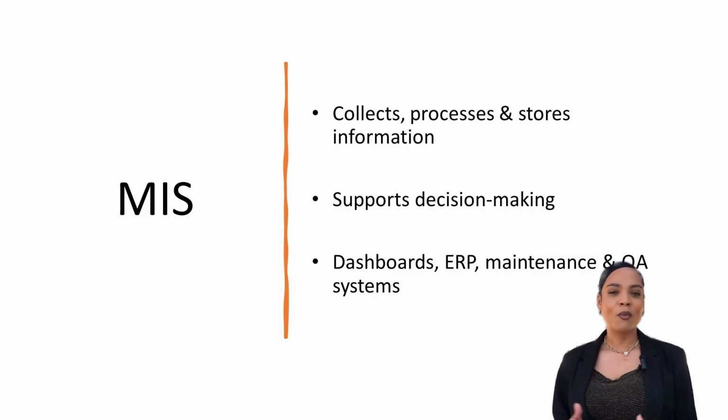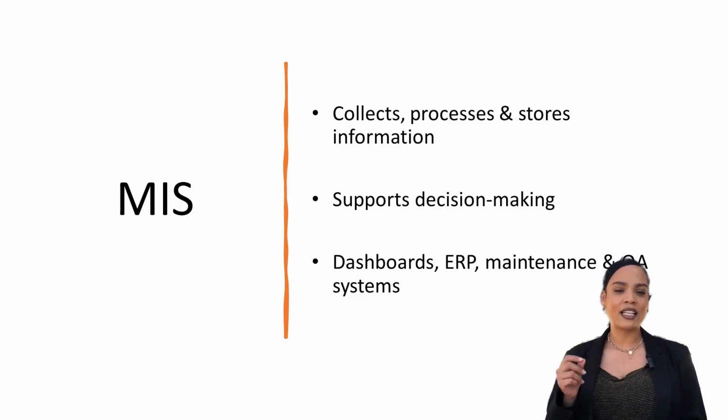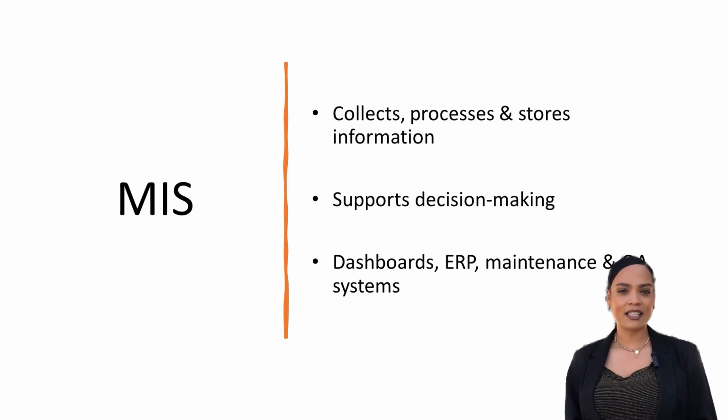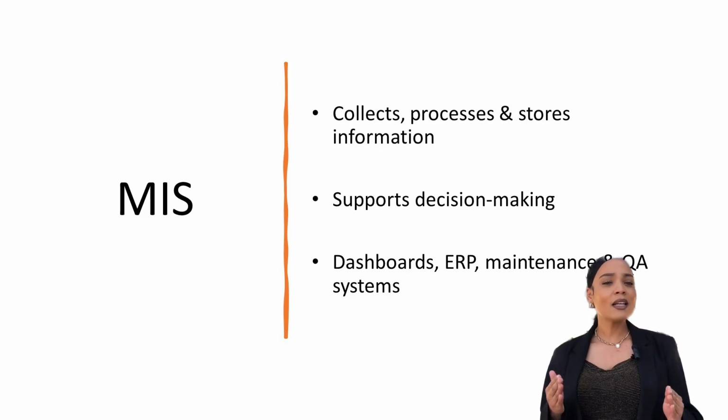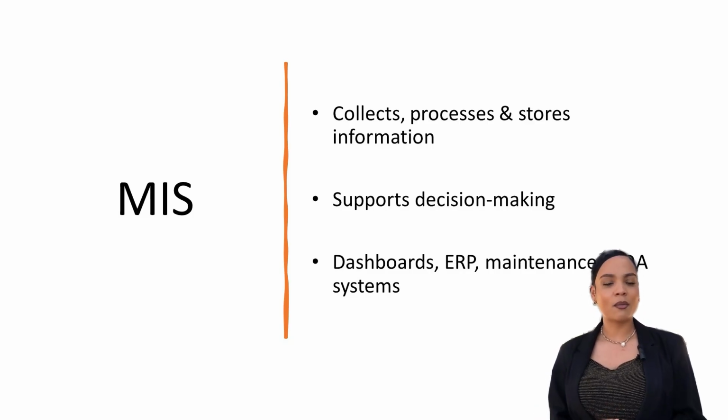MIS helps transform raw data into meaningful insights, whether related to production output, quality performance, maintenance needs, or workforce efficiency. By using these insights, leaders can make informed decisions that enhance productivity, reduce downtime, and improve overall operational performance.